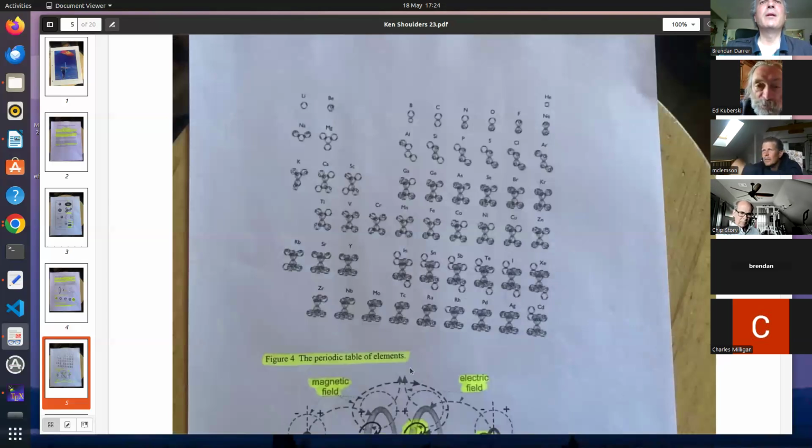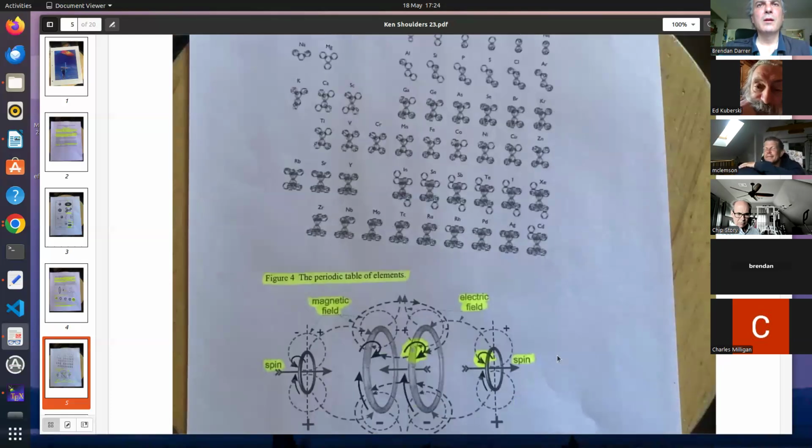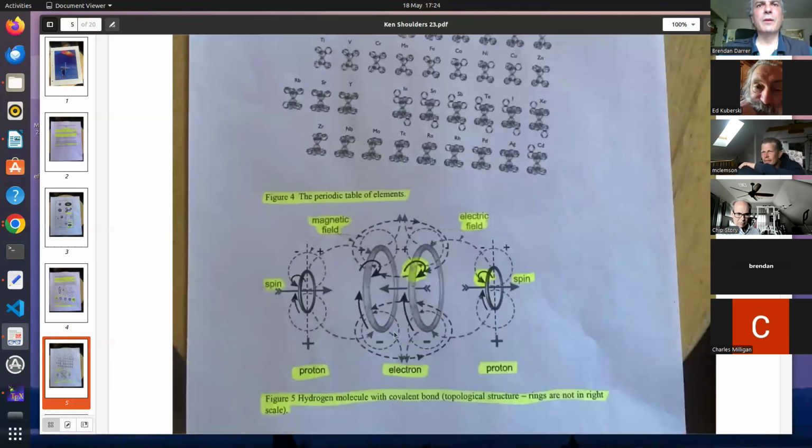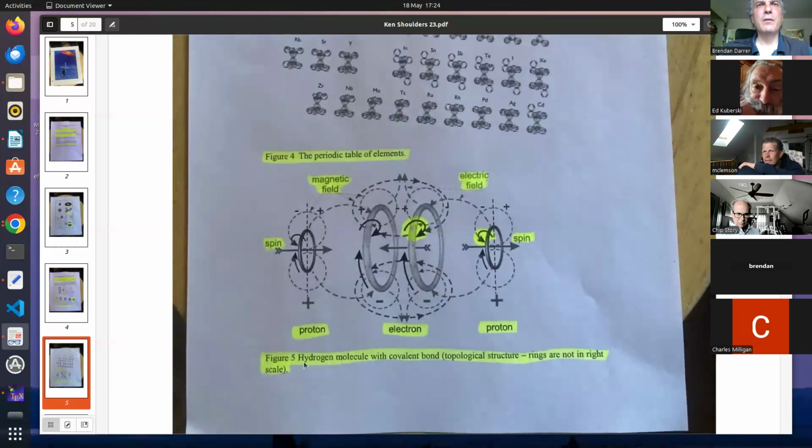Here we see some periodic elements in terms of the new type of ring structure. Periodic table of elements. Figure 5. Hydrogen molecule with covalent bond. Topological structure. Rings are not in right scale.